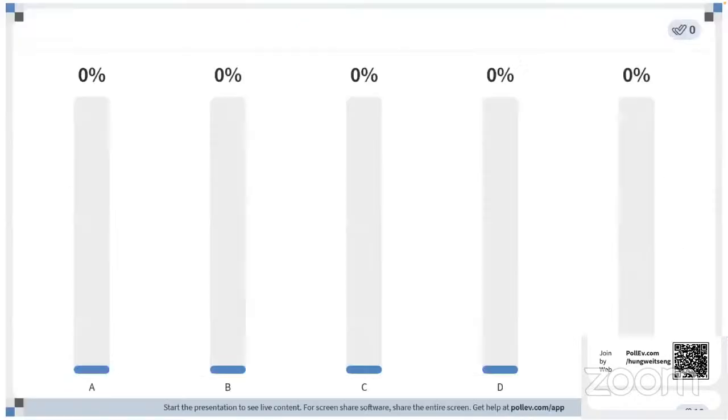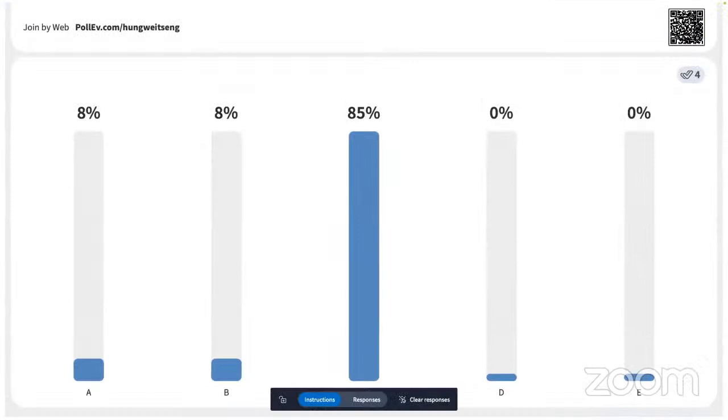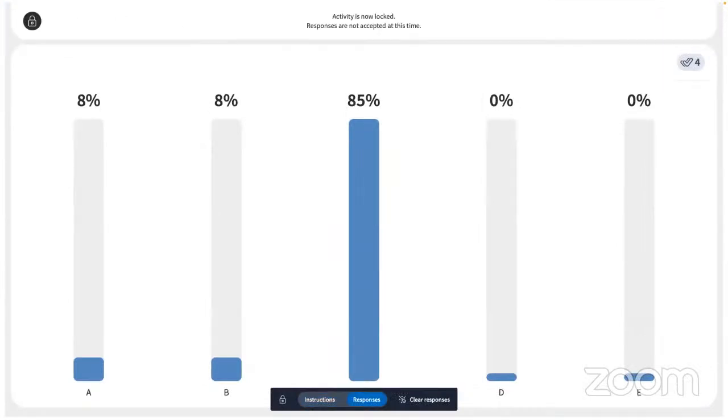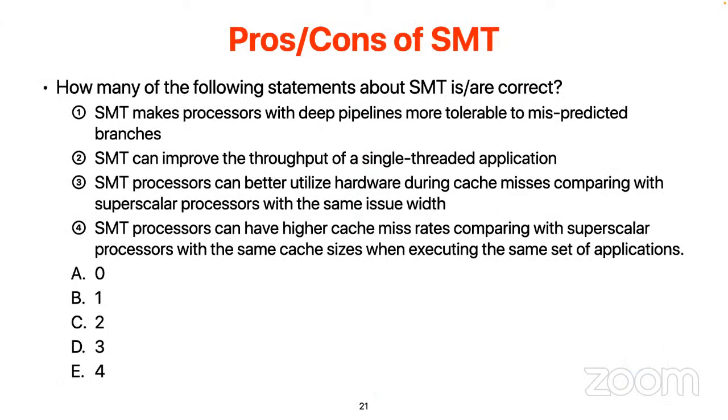Time is up. Okay, after discussion, more of you think it's C, but there are 3 and 4 and 2 and 4. What do you guys think after the discussion? 3 and 4? How many of you are 3 and 4? Okay, 2 and 4. Slightly more.